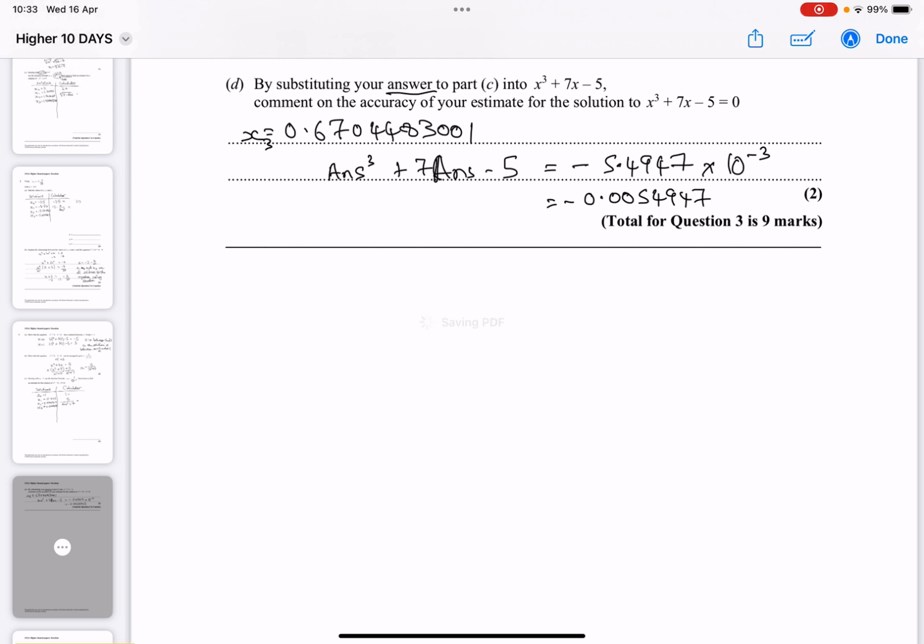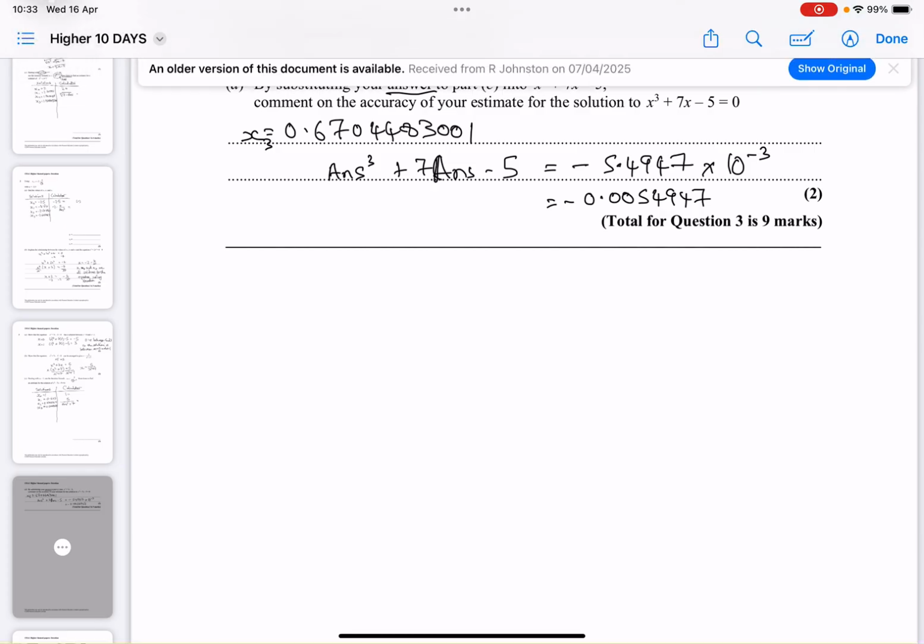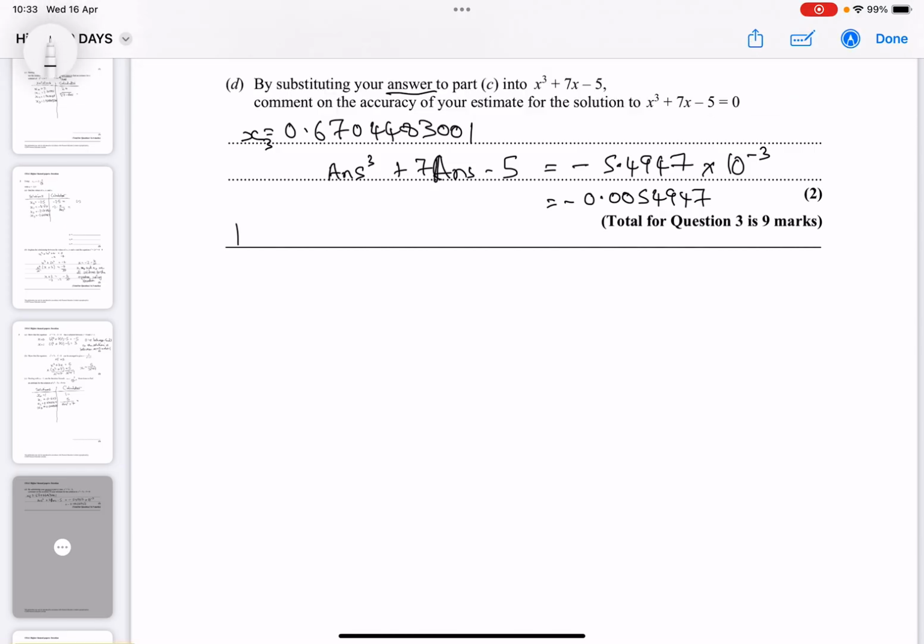It is 5 thousandths away from 0, so quite accurate.